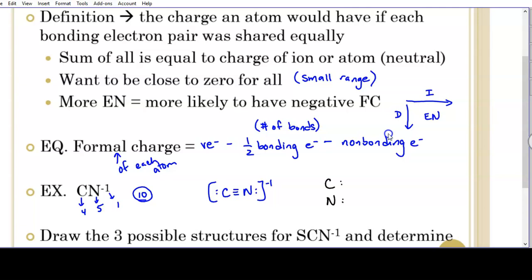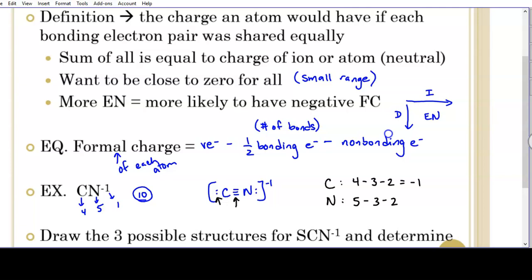So for carbon, we know it has 4 valence electrons. There are 3 bonds here. So it should be 4 minus 3, the number of bonds. And then it has 2 non-bonding electrons for a total of -1. Nitrogen has 5 valence electrons. It also has 3 bonds.